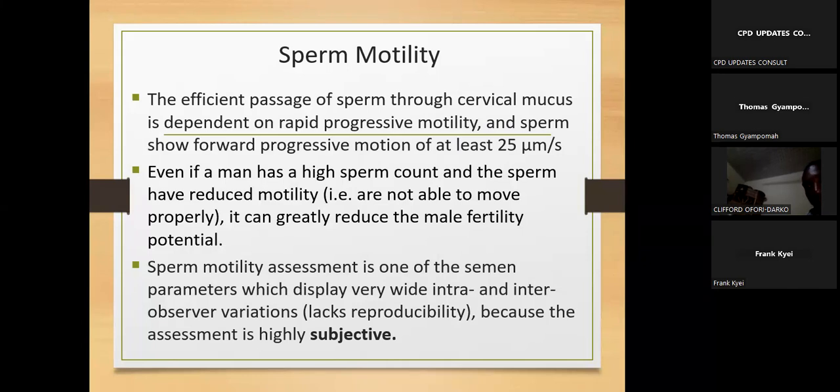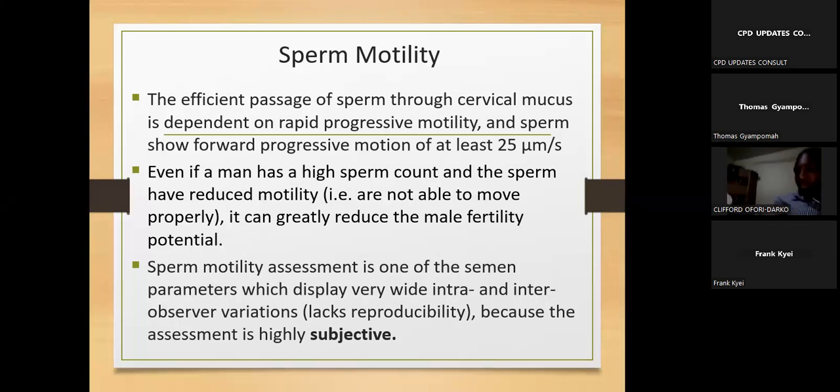So that's how the variation can be intra and inter. It means that even within the same lab, if I do the semen motility assessment, somebody from my own lab can also come and give me different results. And inter, of course, means different laboratories.